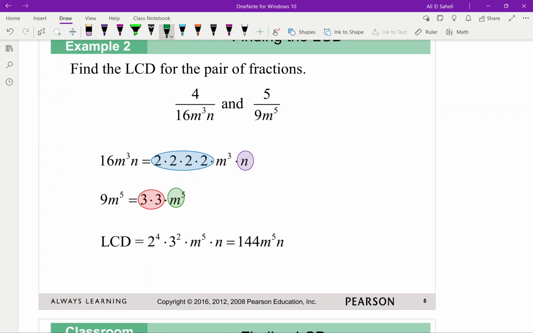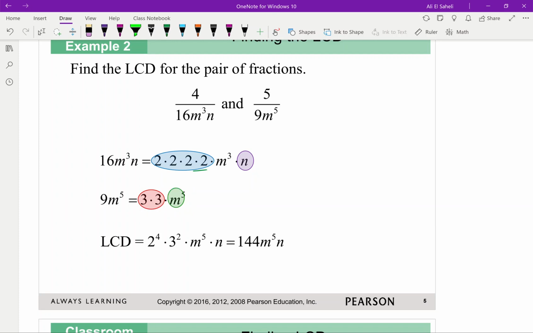Okay, this denominator and this denominator. 16 is 2 times 2 times 2 times 2, and you have m to the power 3 and n. For this one, you have 9 is 3 times 3, and you have m to the power 5.